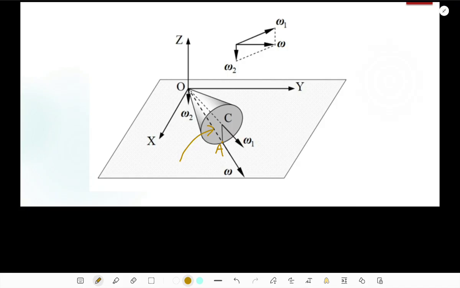Remember, an infinite number of lines can pass through a point. So you have to correctly choose an instantaneous axis of rotation. And I have only this much information, that this instantaneous axis of rotation passes through the instantaneous center of rotation.